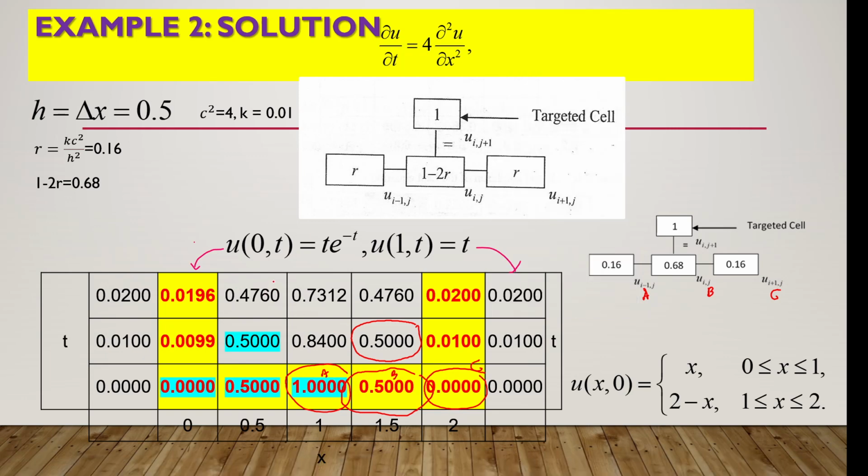Okay, you target here. When you target here, from the targeted cell, left bottom is A, center bottom is B, right bottom is C. So the 0 one, you may erase it, otherwise confused.